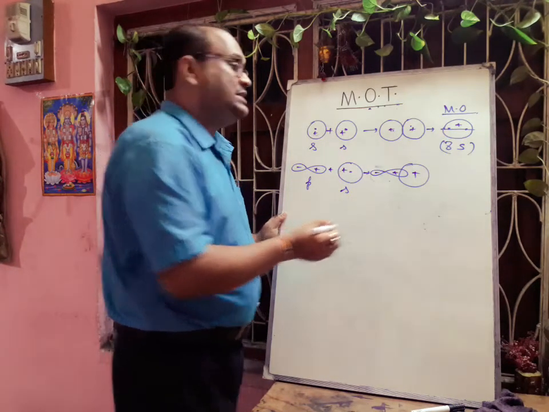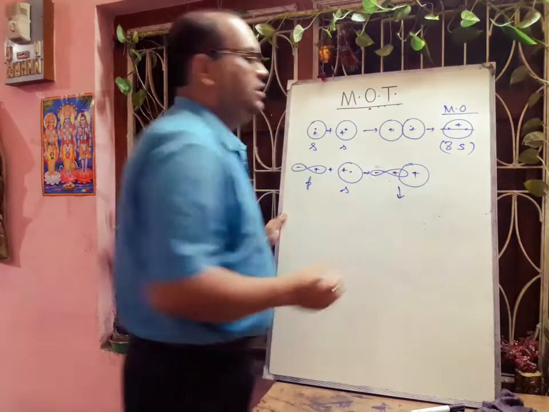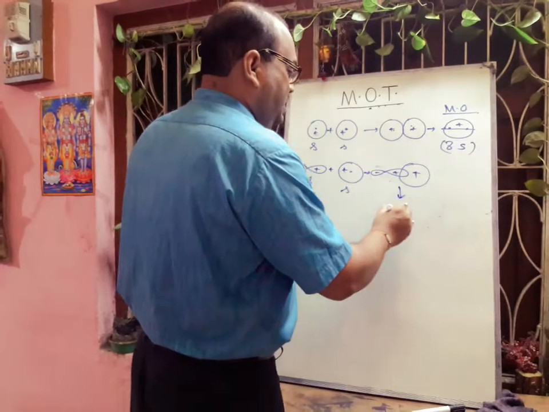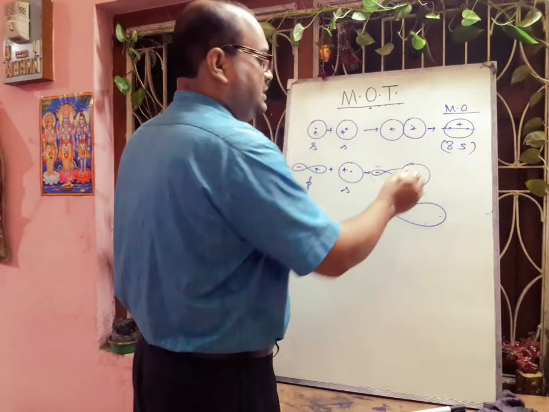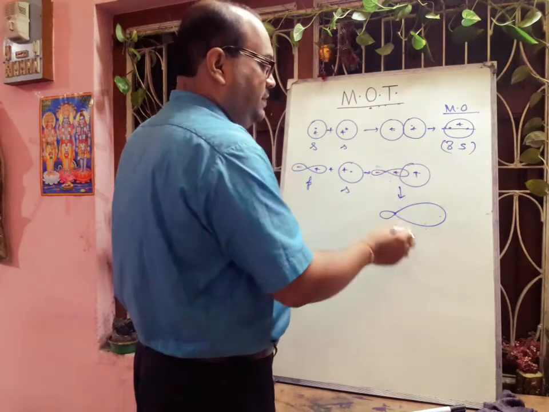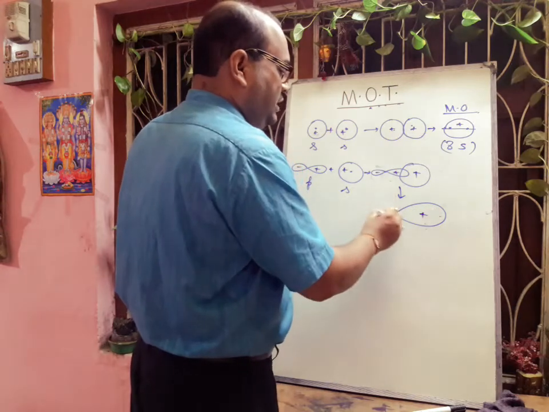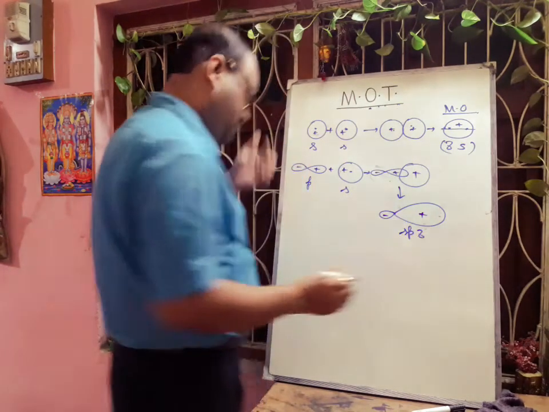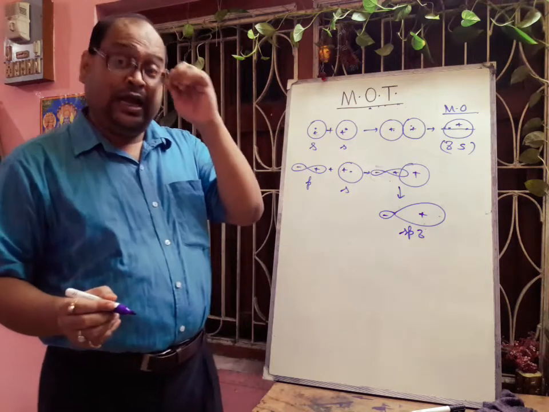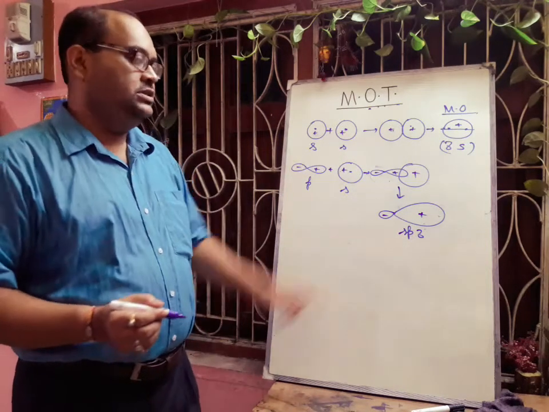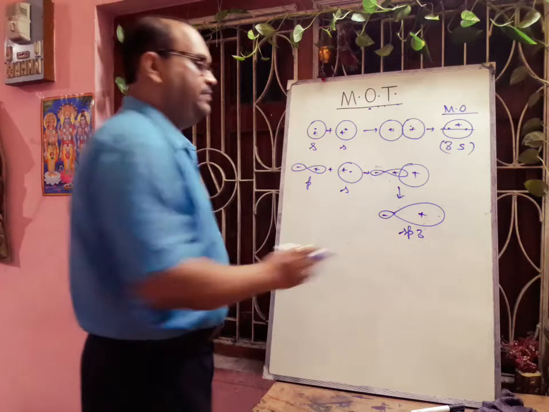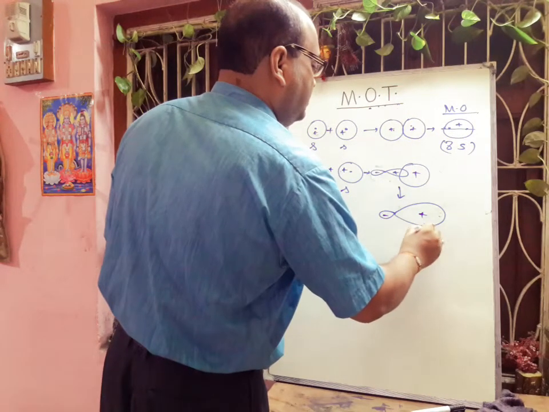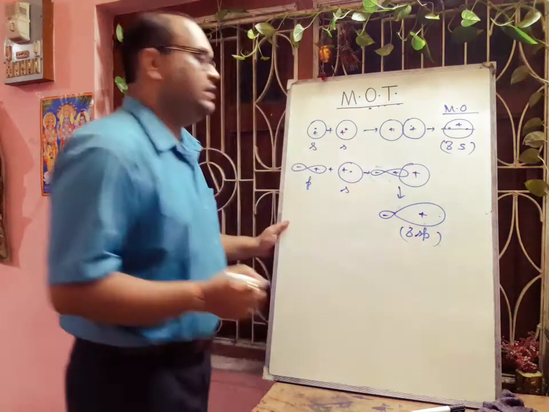Then that will be the sigma sp. When we draw the final diagram, this plus plus portion will be increased and this portion will decrease. So this is the sp sigma, because one s orbital and another p orbital is there. This is called the sigma sp molecular orbital.